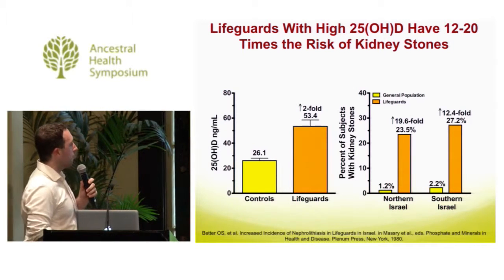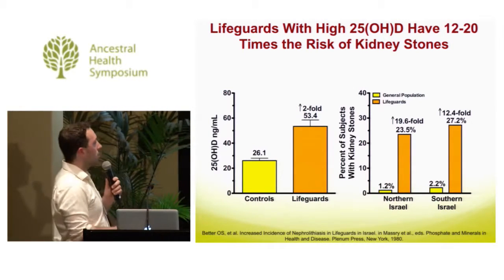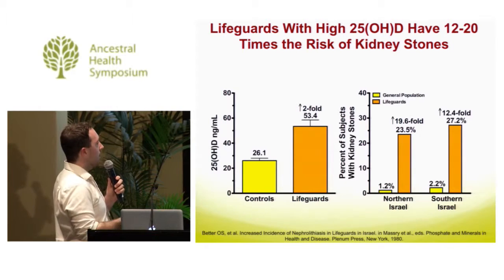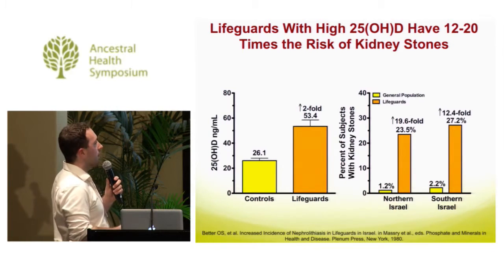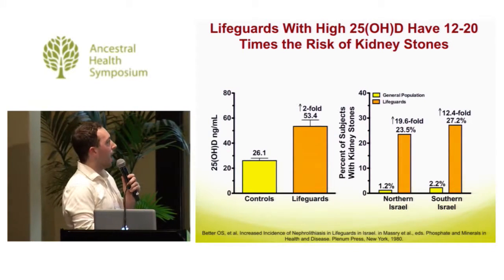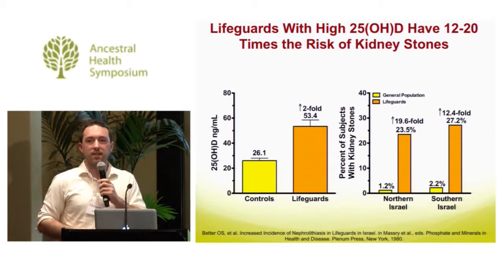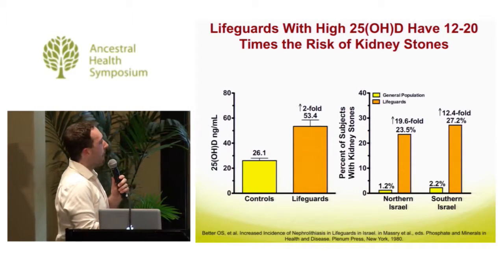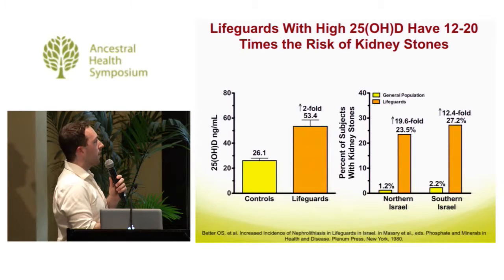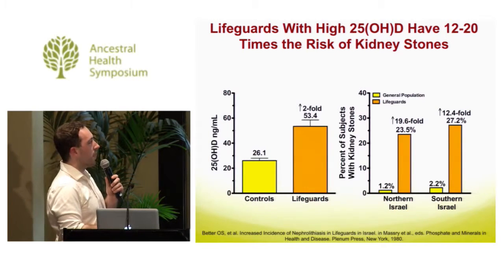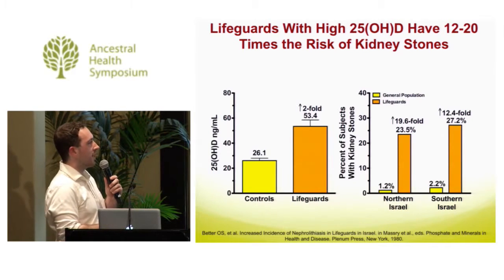And this is data from Israeli lifeguards who had twice as high vitamin D status as non-lifeguards in Israel, and they had about 20-fold higher incidence of kidney stones. And you can see that in southern Israel, the proportional increase in risk was not as high. It was 12-fold compared to 19-fold.